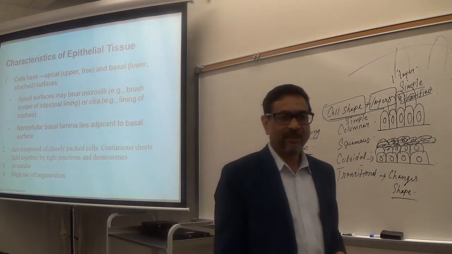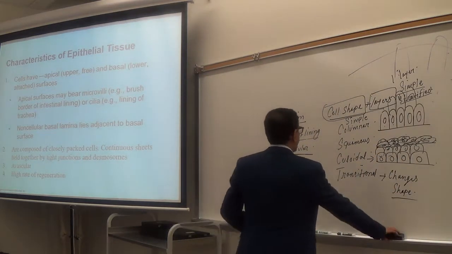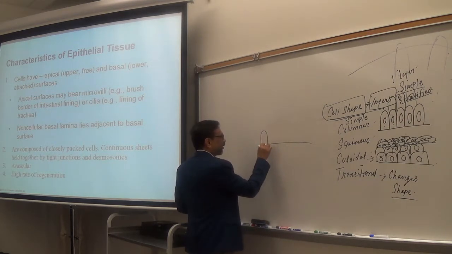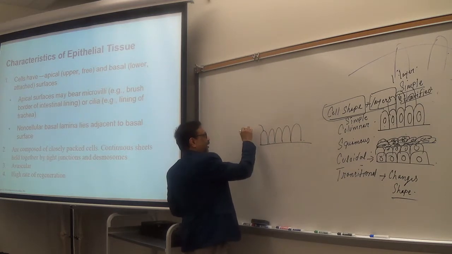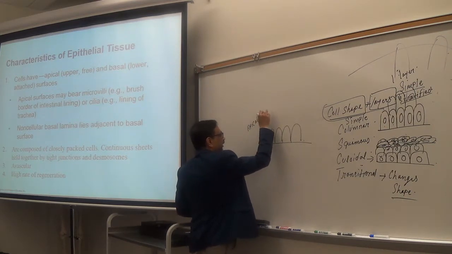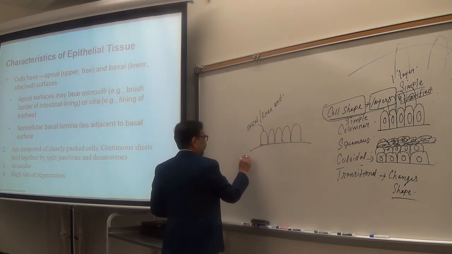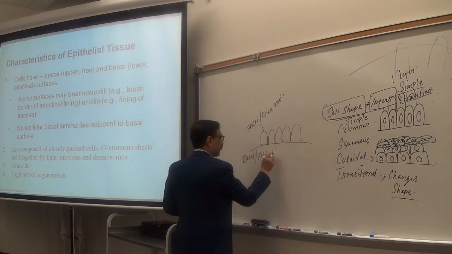Epithelial tissue has some important properties. How they are different than other tissues. See, epithelial cells, you can see here, upper end which is free, called the apical or free end, and basal or attached end.